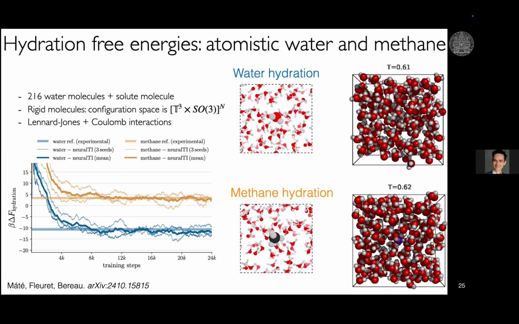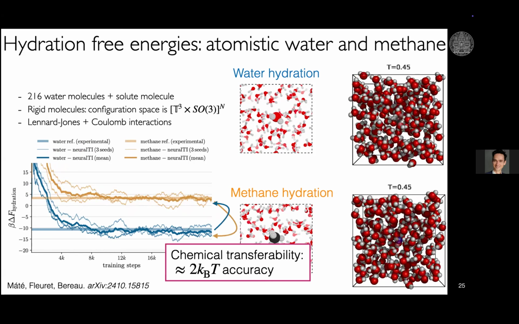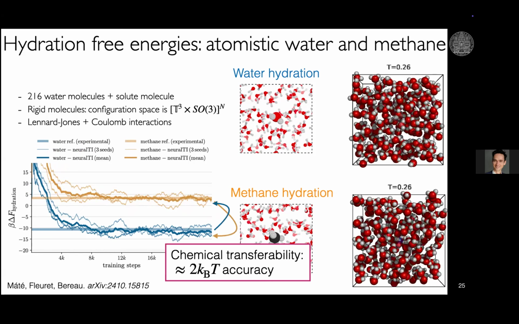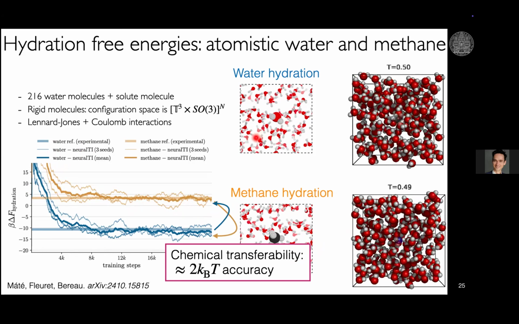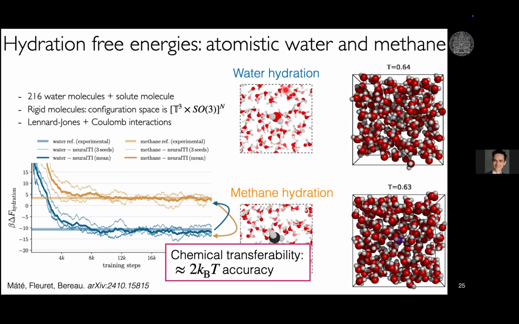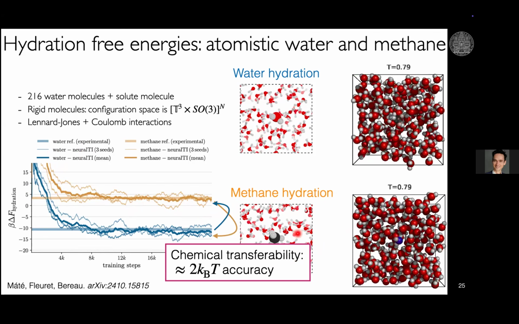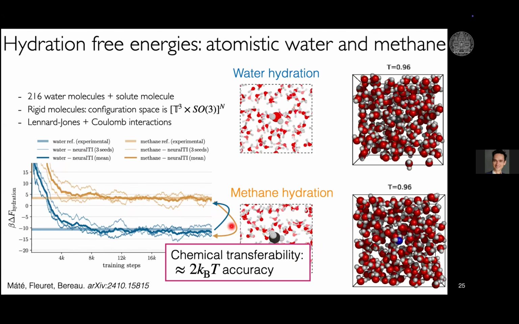And so they're close. The other thing is that, interestingly, we can take the trained model, say this model for methane, and plug it in to do the calculation for water, and vice versa, take the model we trained for water and plug it into calculating methane. We actually get an accuracy of about 2 kT, so not too bad.